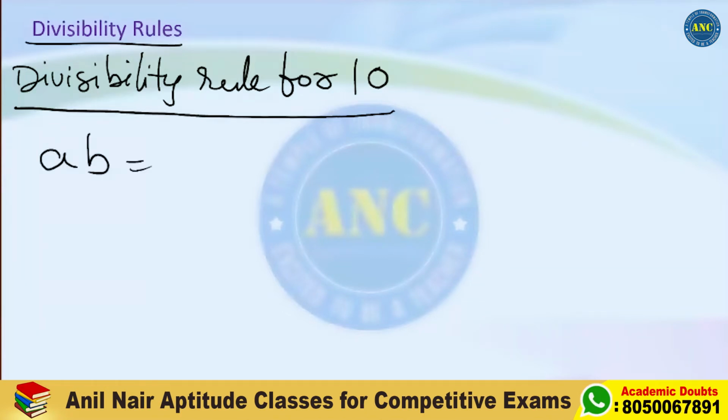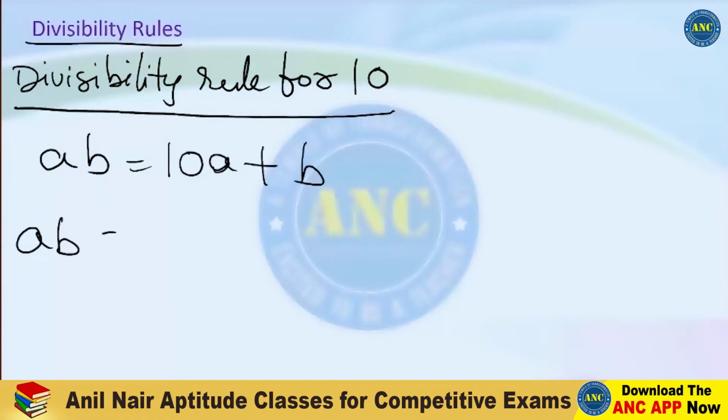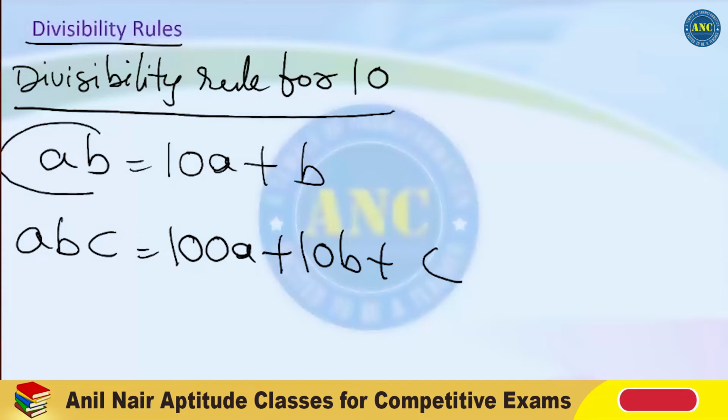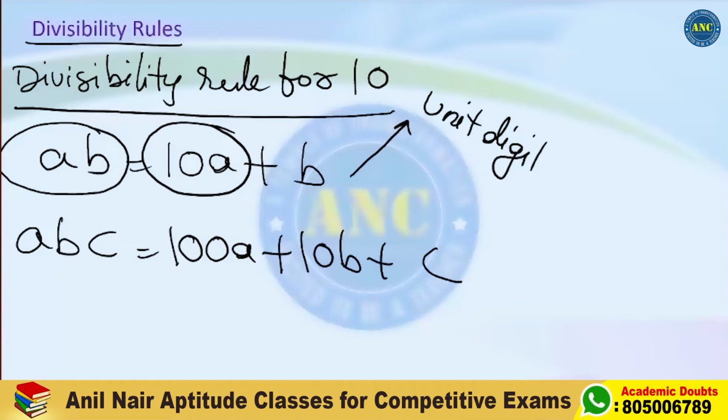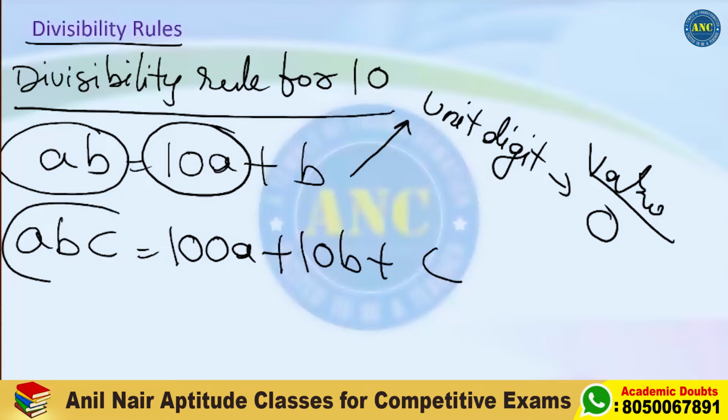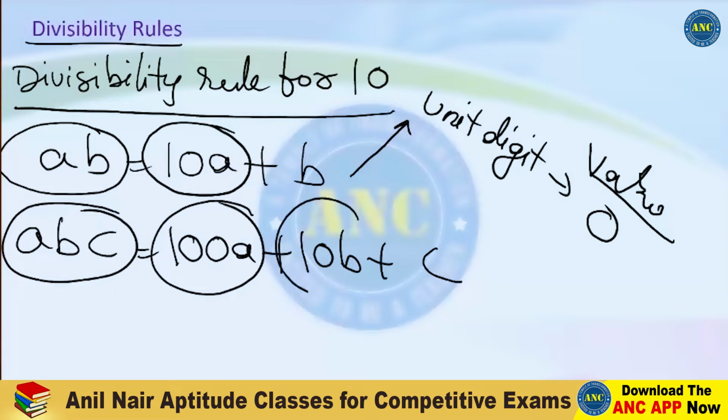AB: A is in the tens place, so 10A plus B. If I take a 3-digit number, A is in the hundreds place, 100A plus 10B plus C. If AB is divisible by 10, B should be divisible by 10. That means B can take only the unit digit value 0, because any number multiplied by 10 has unit digit 0.